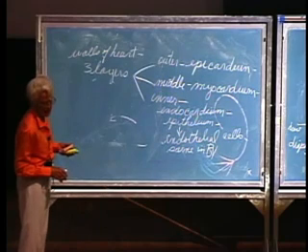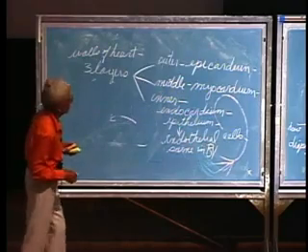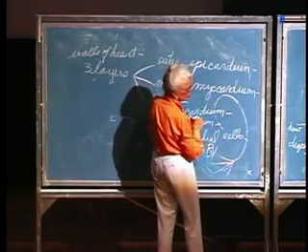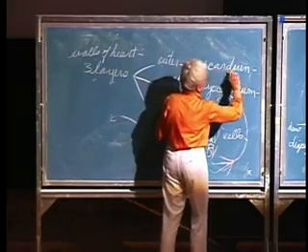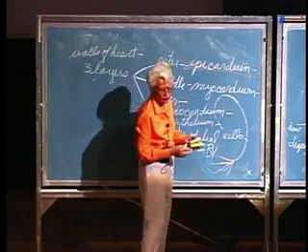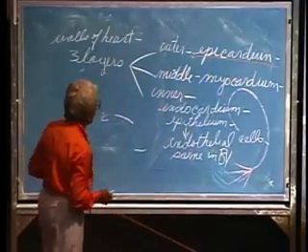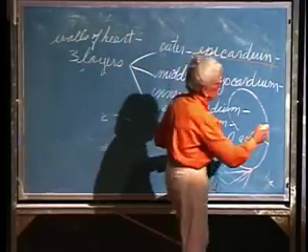Endocardium is lining the heart. What's epi mean? Upon. So the epicardium is mesothelial cells. It's another name. As we've learned, lots of things have lots of names here. So the outer layer on the heart muscle.